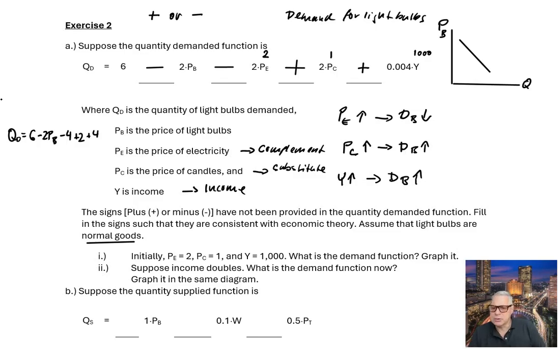Okay, so now we can collect terms, and our demand function becomes 6 minus 4 is 2, plus 2 is 4, plus 4 is 8.